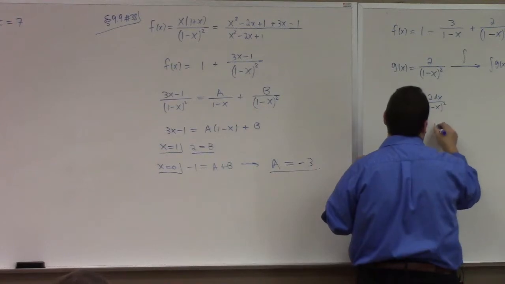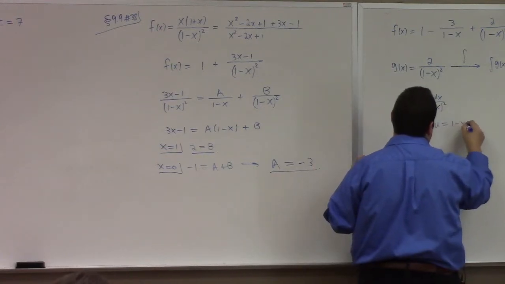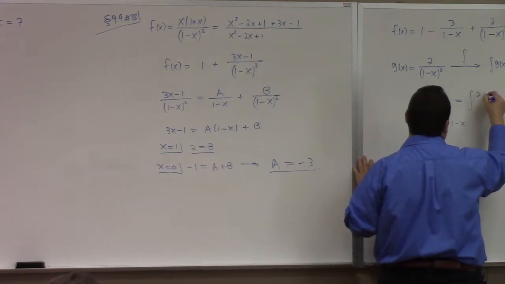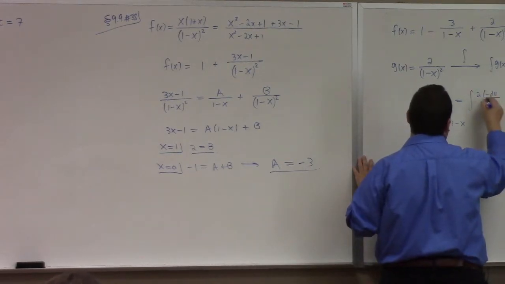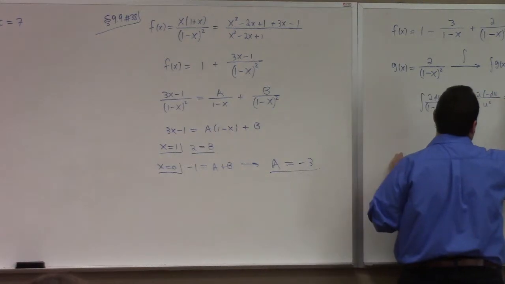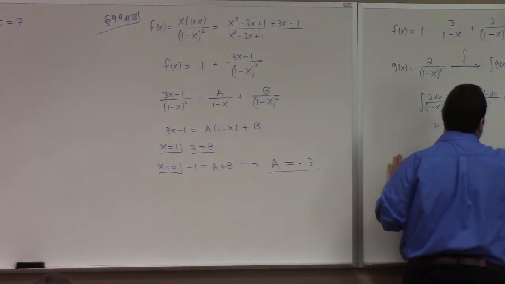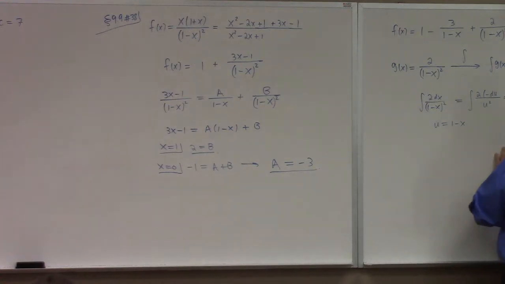Let's let u equal 1 minus x. So that's the integral of 2 times minus du over u squared, which is minus 2 times the integral of du over u squared, which is minus 2 times minus 1 over u, plus a constant. Yes, to positive 2.